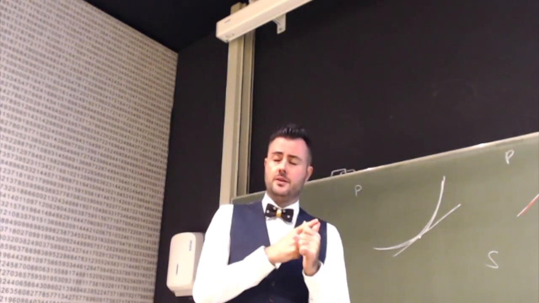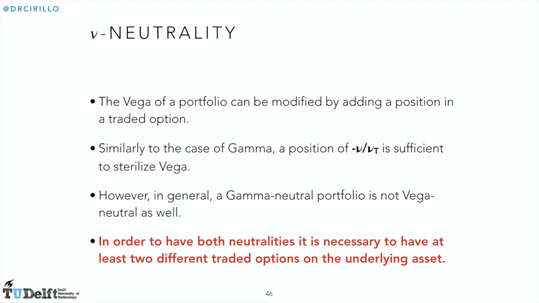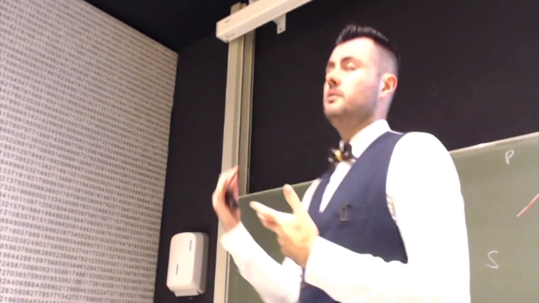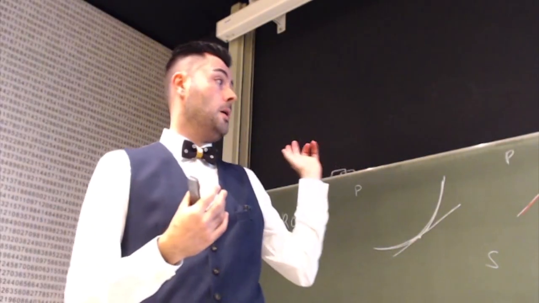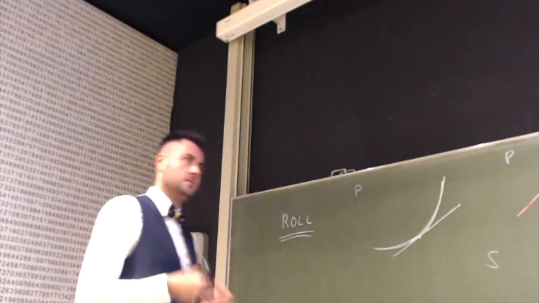As for delta neutrality and gamma neutrality, I can have Vega neutrality. So I can try to make my portfolio Vega neutral. And please, I know it may appear boring, but this is actually what they do in the front office, a lot of times, for many positions, all day, every day.